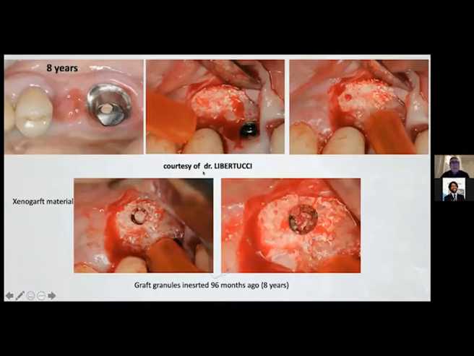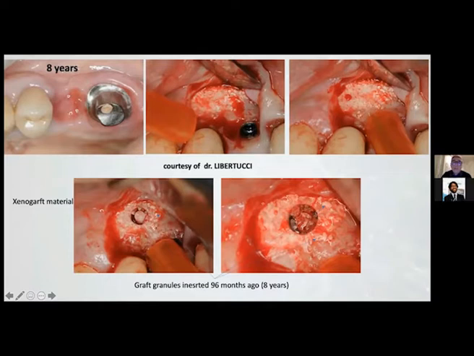In this image, courtesy of Dr. Libertucci from Rome, Dr. Libertucci made a regeneration 8 years ago, and last year had the possibility to make a biopsy in this zone. When we opened a flap after 8 years, it's possible to observe some white granules on the surface of the new bone.